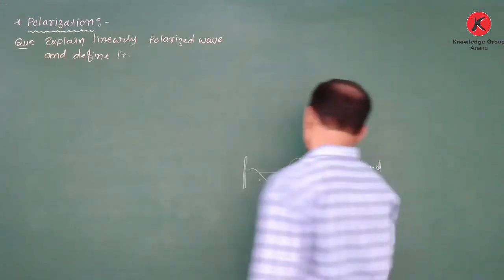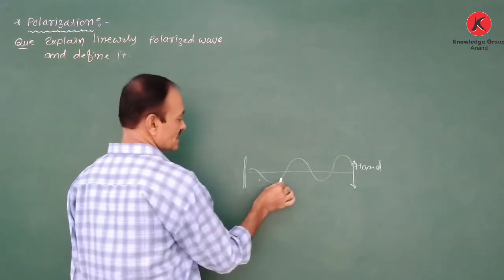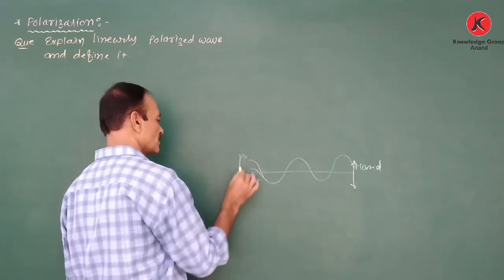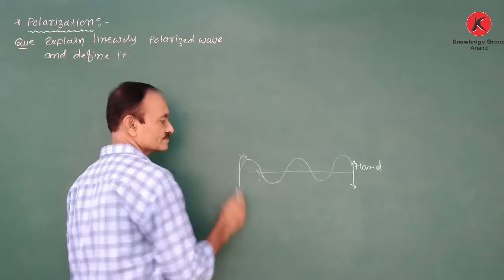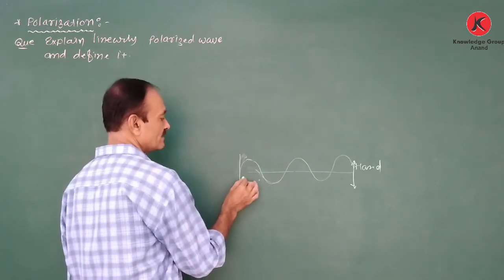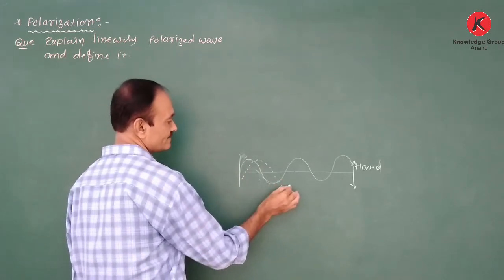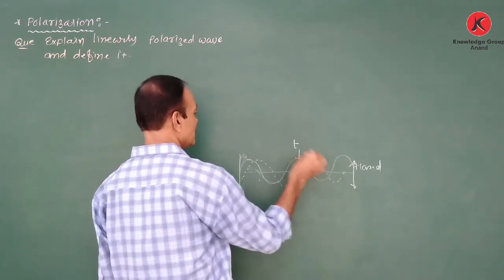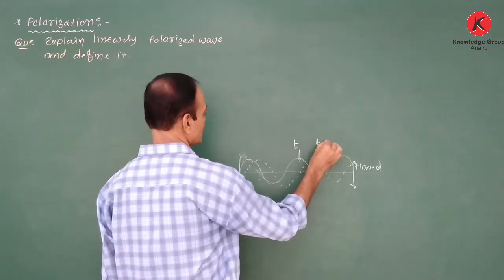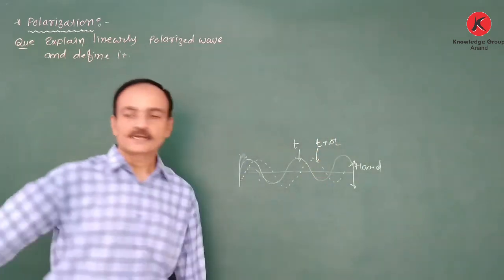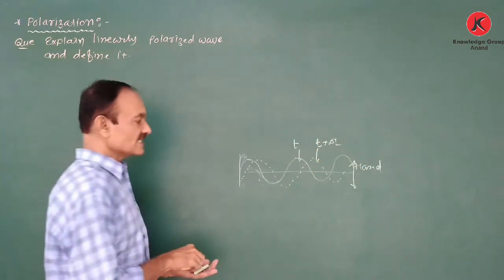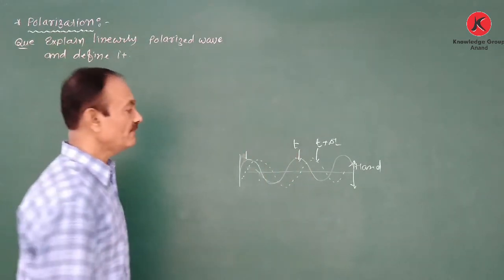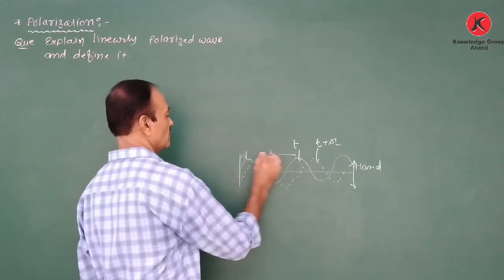So here, the shape of the disturbance produced in a string is shown in the figure at time t and at time t plus delta t. Now listen, the distance between two consecutive crests is known as the wavelength.